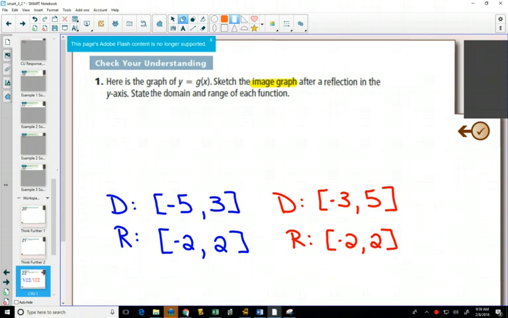Well, you think to yourself, what's happening is my x values are getting multiplied by a -1. Can you see that connection from here to here? I went from -5 to 3, and when those got multiplied by a negative, we now go from -3 to 5.